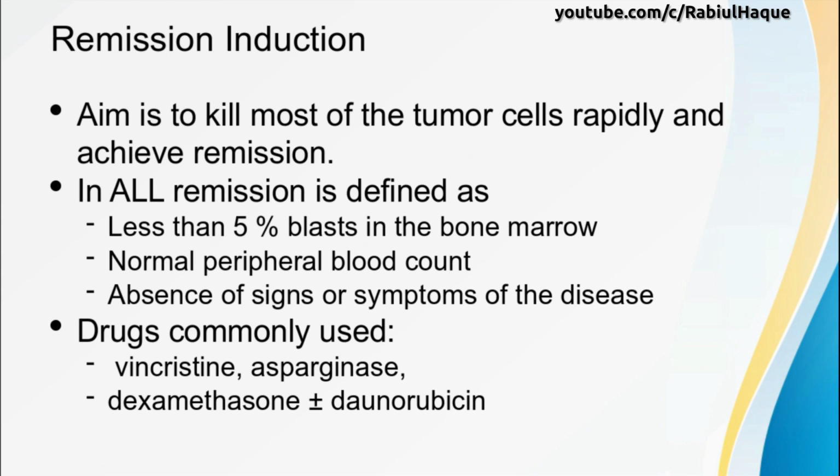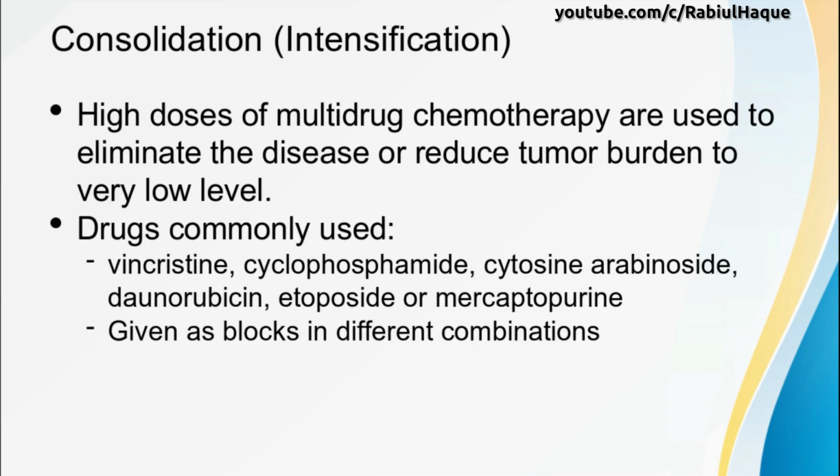Always remember, in acute lymphoblastic leukemia, remission is defined as less than 5% blasts in the bone marrow, normal peripheral blood count, and absence of signs or symptoms of the disease. So what are the drugs commonly used in this phase? They will include vincristine, asparaginase, dexamethasone, and daunorubicin.